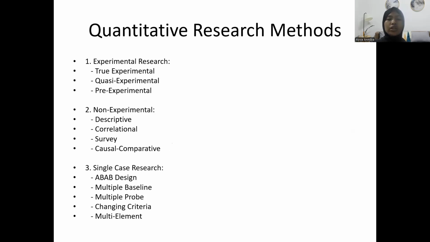And next is non-experimental research. It is to analyze the data without manipulating the variables. There are four types of non-experimental research. First is descriptive. It is to describe what's happening. Second is correlation.